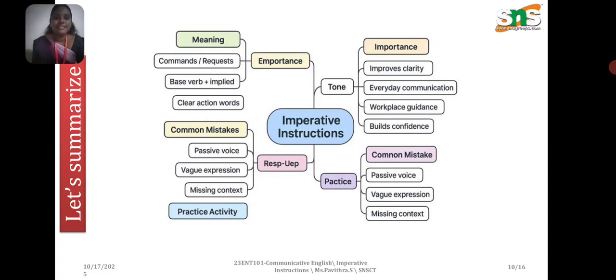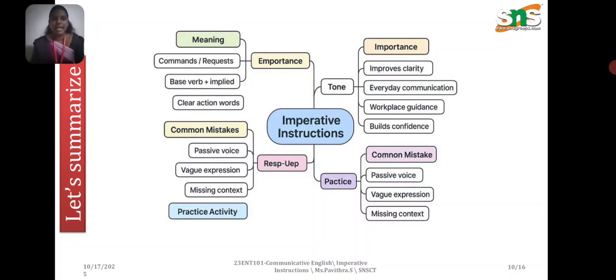Here is the mind map of imperative instructions: how the tone should be, and how we have to practice, and the importance. Common mistakes, as I told you earlier: passive voice should be avoided, vague expressions should be avoided, and missing context should be avoided. Tone is so important.